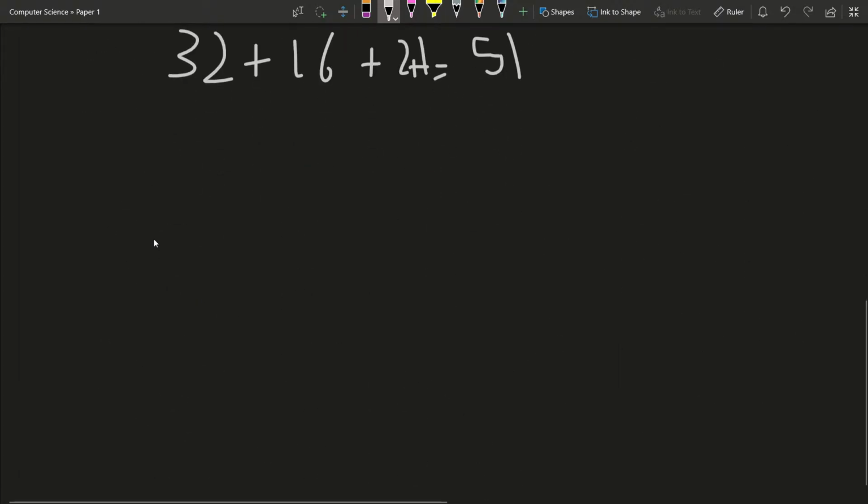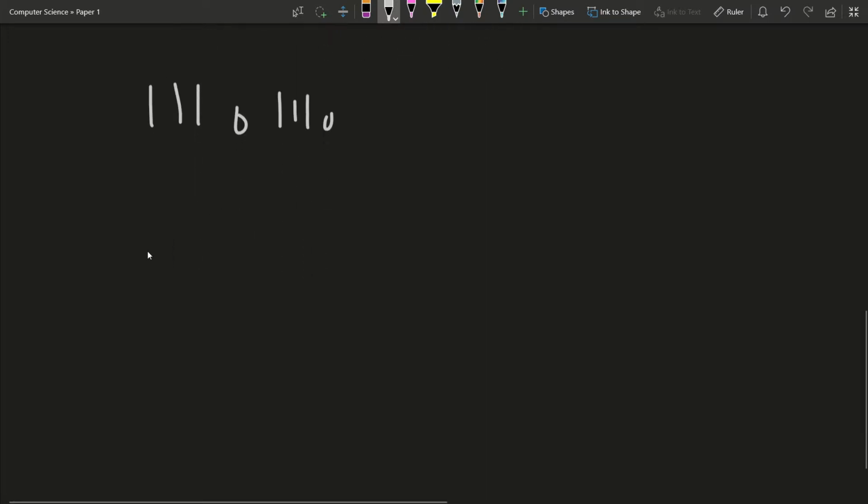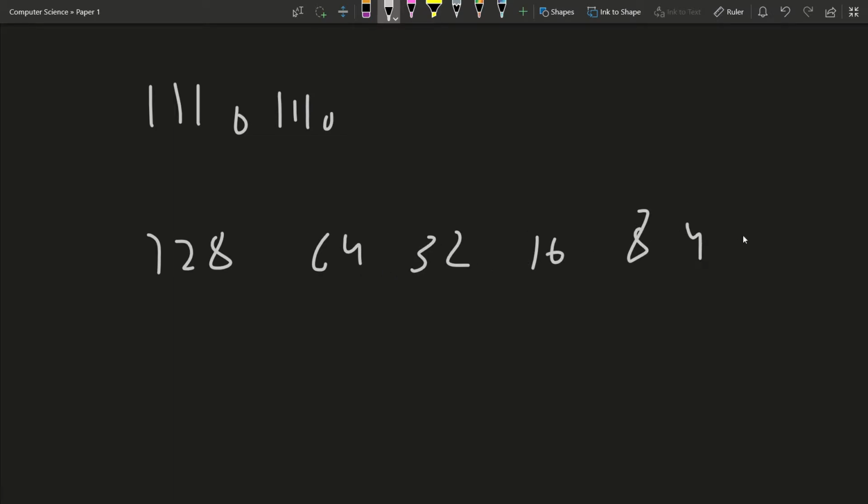Another quick example: 1, 1, 1, 0, 1, 1, 1, 0. Again, let me quickly write that: 128, 64, 32, 16, 8, 4, 2, 1, and below it 1, 1, 1, 0, 1, 1, 1, and then 0.